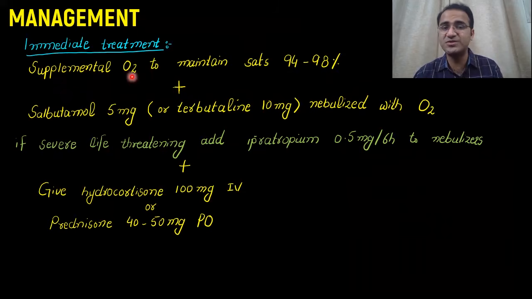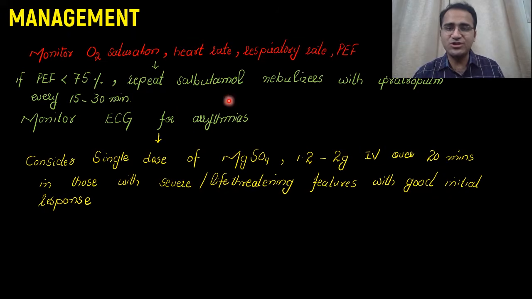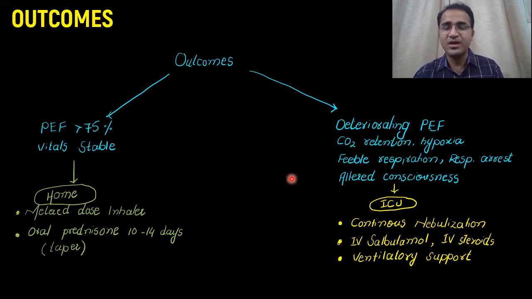What is the immediate treatment? Oxygen, salbutamol, and steroids. And if the patient is not responding, continue nebulization with salbutamol and ipratropium, monitor ECG, and give MgSO4 support. Outcomes: if the patient's PEF is greater than 75, send them home with MDIs and oral prednisone. And if the patient is deteriorating, send them to ICU.